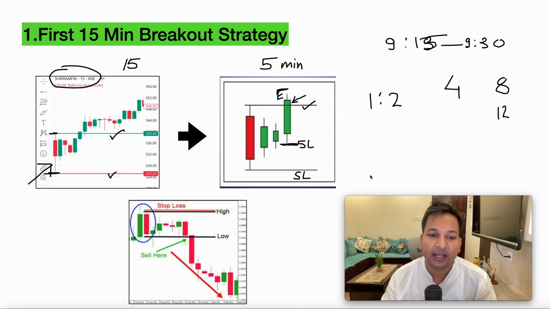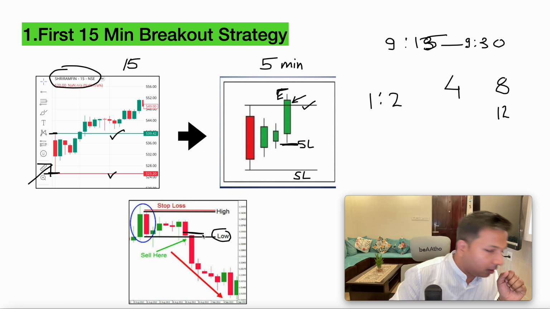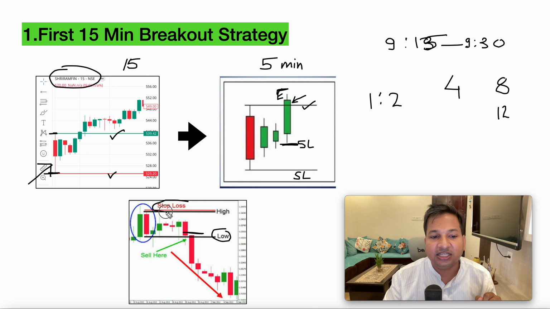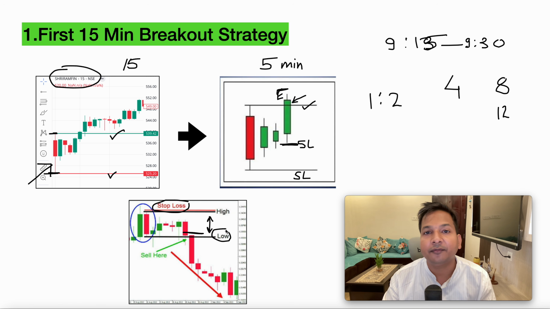In the bearish direction you can do the same way. If the stock price breaks down this lower point, you take the trade in the lower direction. You can keep the stop loss here, or at the top of this range. If this range is very small, then your profit target should be 1:2 or 1:3.